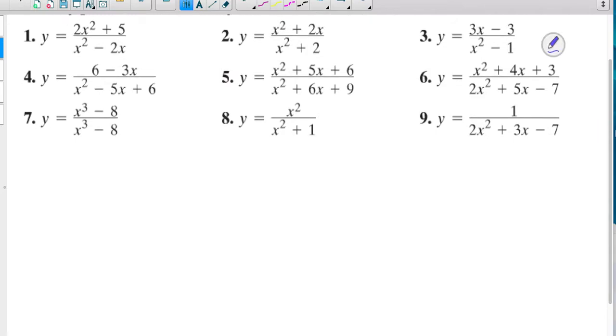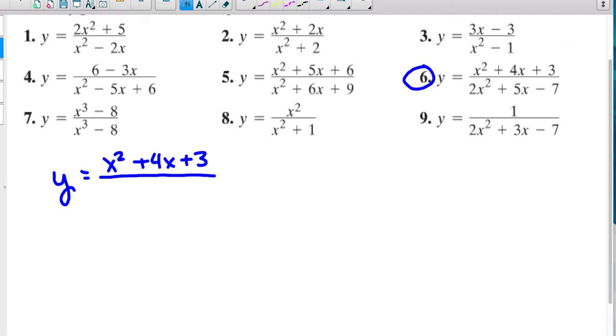So I'm going to take a look at number 6, for example, and we have y equals x squared plus 4x plus 3 all over 2x squared plus 5x minus 7. Well, this isn't going to matter. It's not going to change the point of discontinuity. So I'm only looking at the denominator.